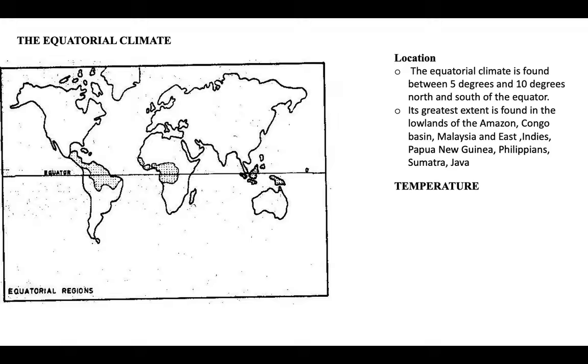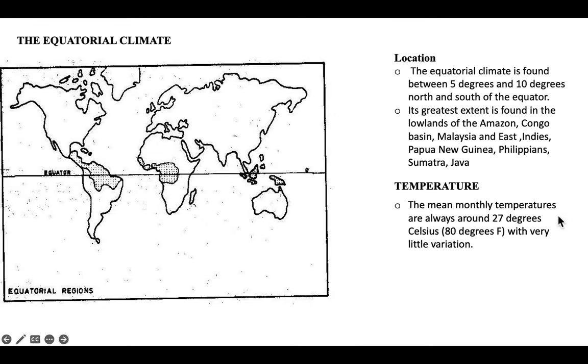We have even temperatures in these particular regions. So the equator has a temperature range. If we look at the temperature range, the mean monthly temperature is always 27 degrees Celsius, with very little variation. Here the temperature does not vary.